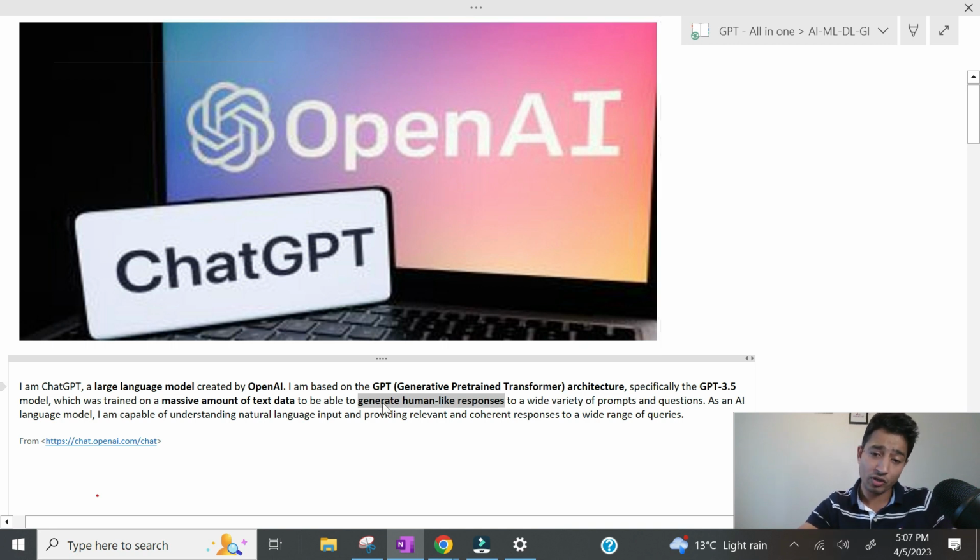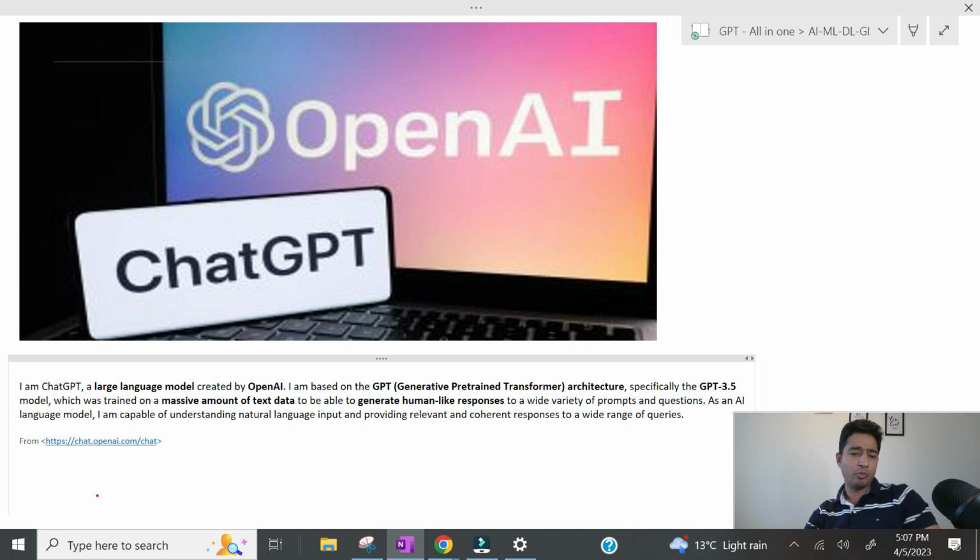So we're going to be focusing on the generate part today. As an AI model, I'm capable of understanding natural language and providing relevant information. Okay, so now we came to know we're going to be creating around 4 or 5 videos, or might be more, in the coming few days, right?